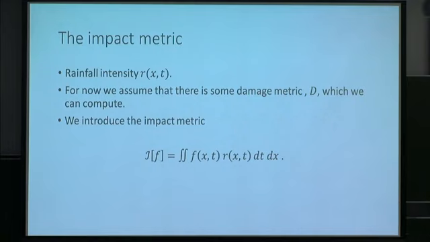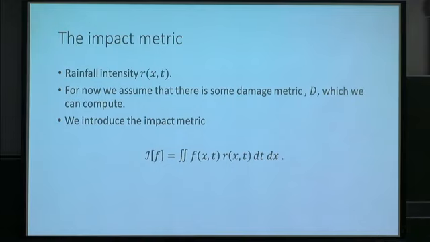So we consider that rainfall intensity function R, and we assume that there's some damage metric. I talked about this earlier. We'll define it for now, but we'll also give an example of how this could be attached to actual costs of flood damage in the next slide.